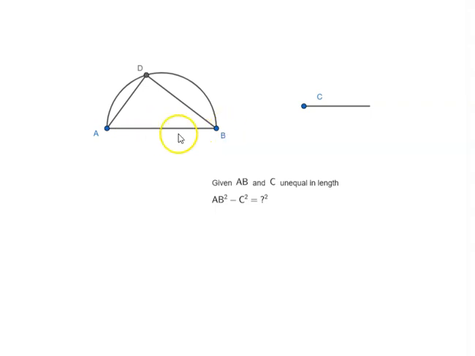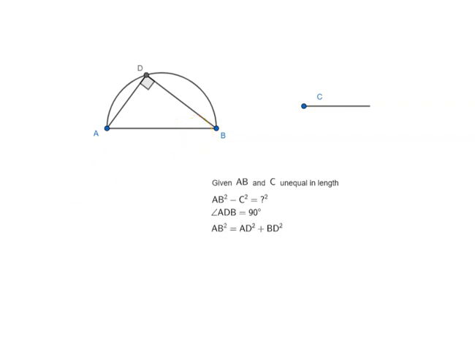So AB square minus C square, that is AD square. Does this remind you of something? Yes, Pythagoras theorem, because angle ADB is going to be a right angle. Why? Because it is an angle subtended by the diameter of the circle.